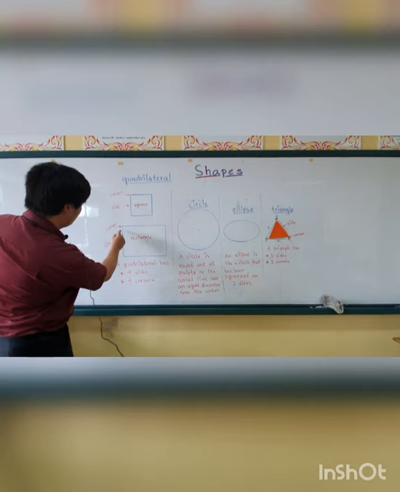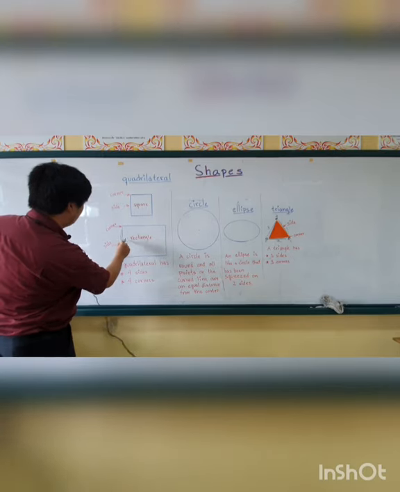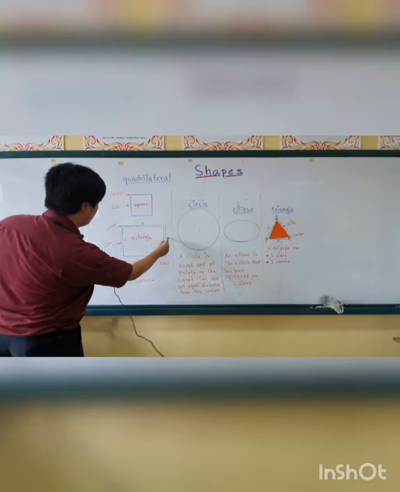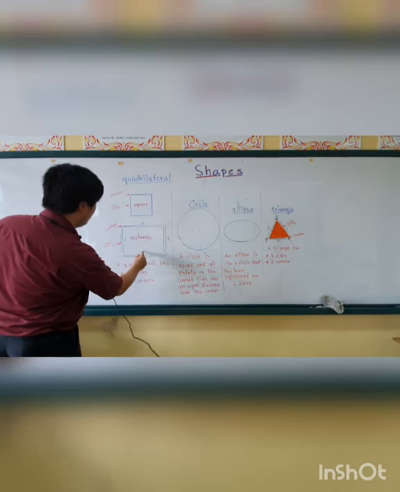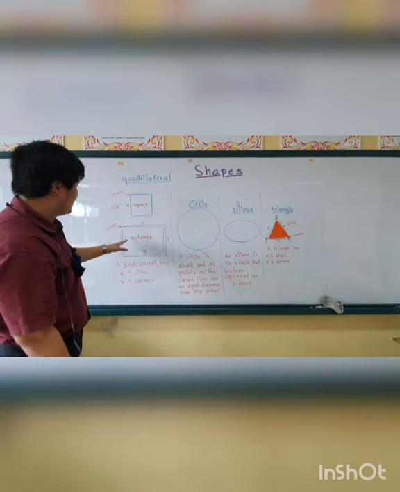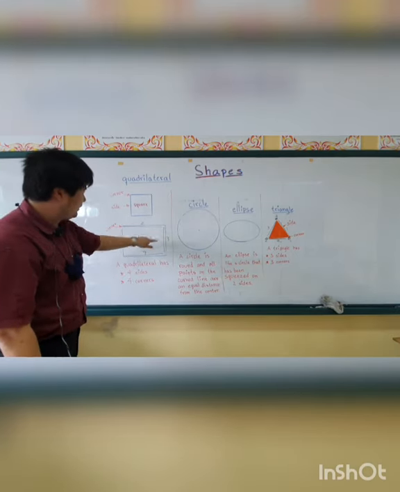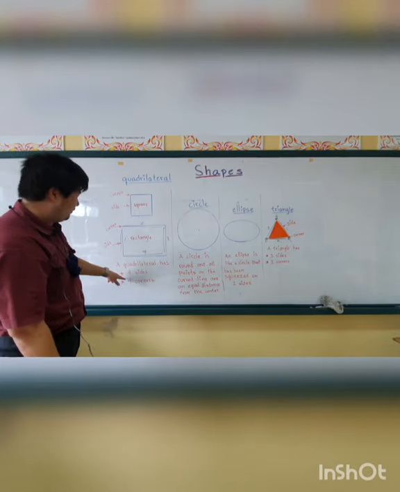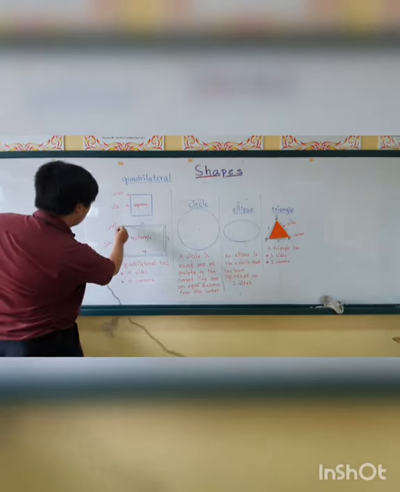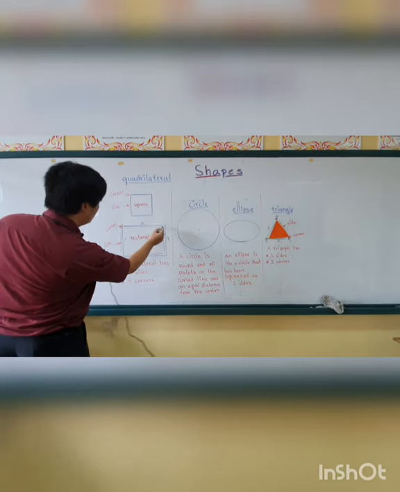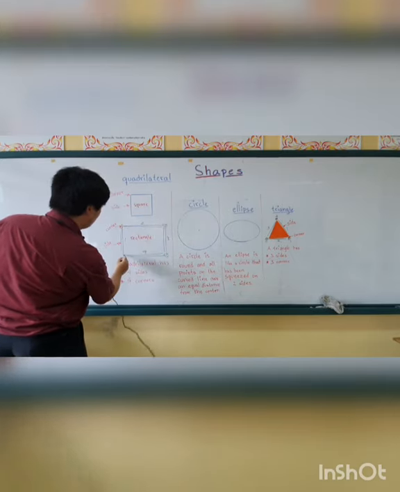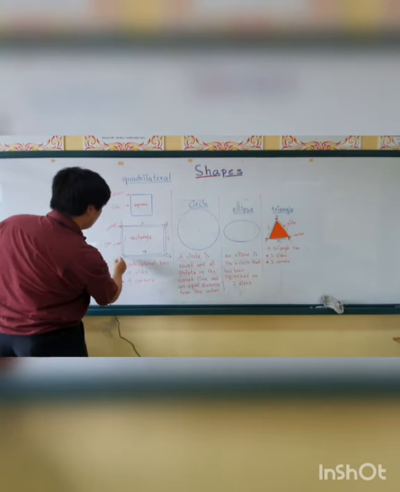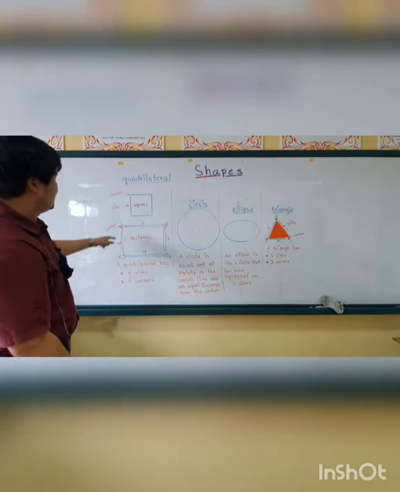This is a side, so 1, 2, 3, and 4. So it has 4 sides, okay? And then it has 4 corners. This is a corner, this is a corner, this is a corner, and this is a corner. So 1, 2, 3, and 4. It has 4 corners.